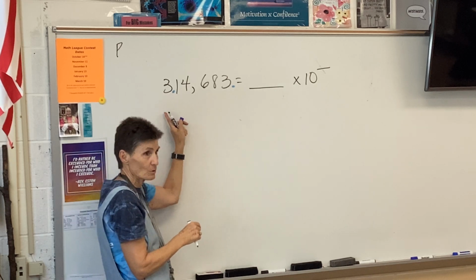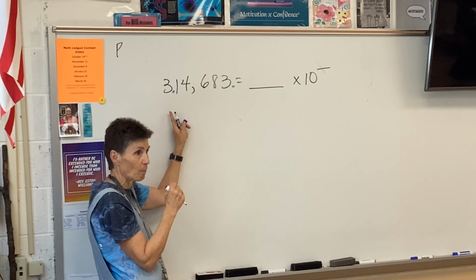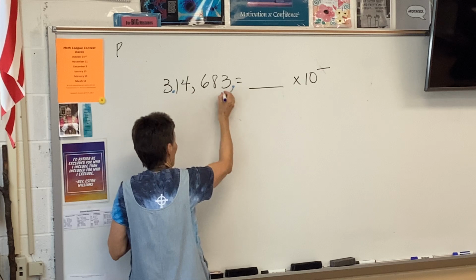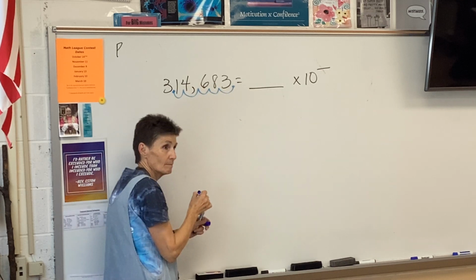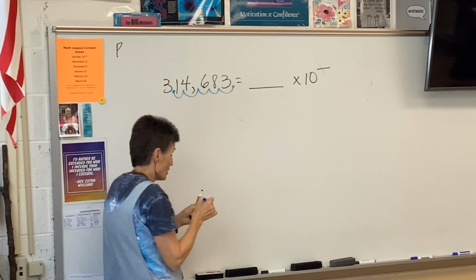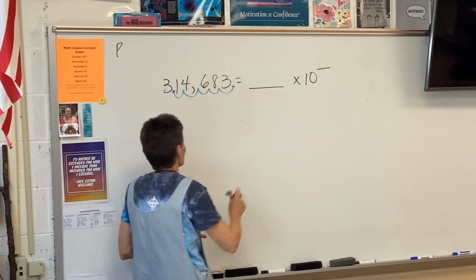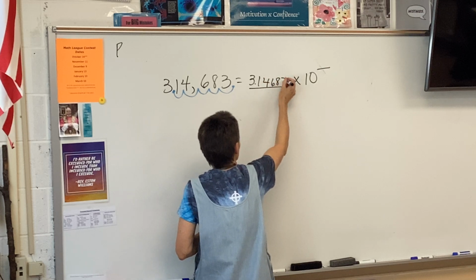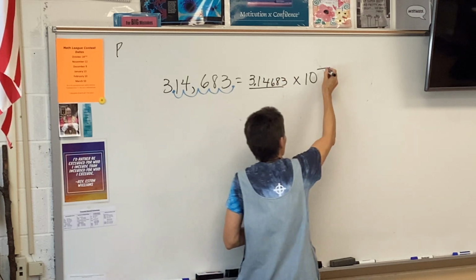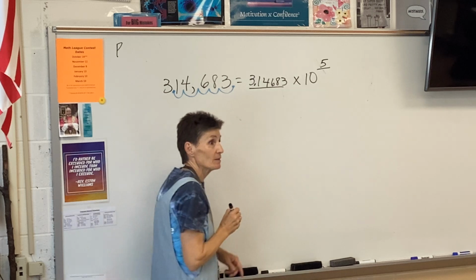Not 6 numbers, one number in front of the decimal point. So I have to move this 1, 2, 3, 4, 5 times. So my answer in scientific notation will be 3.14683 times 10 to the 5th.